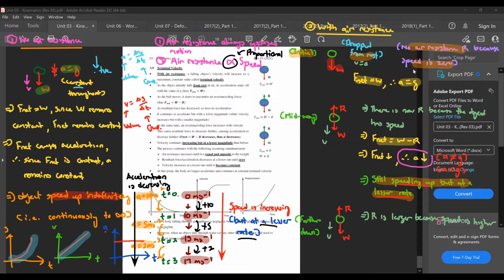Now here, if I look at it this way, W remains constant, but R increases. Therefore my F net would drop further.